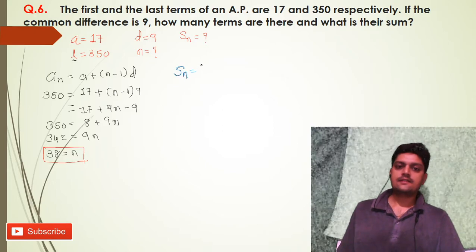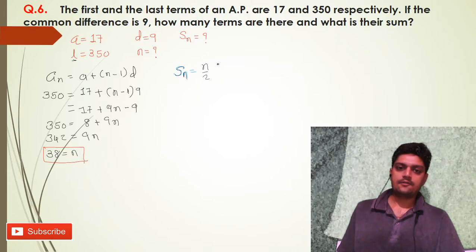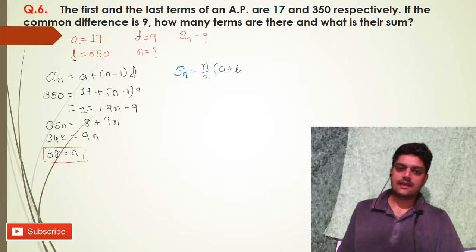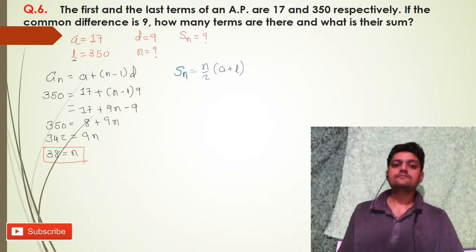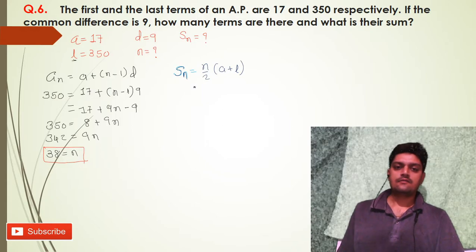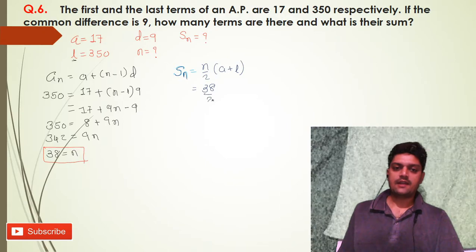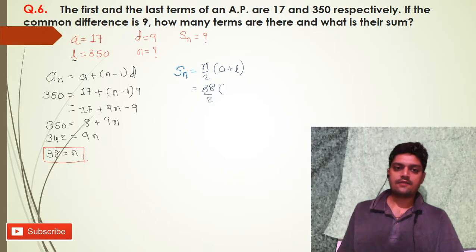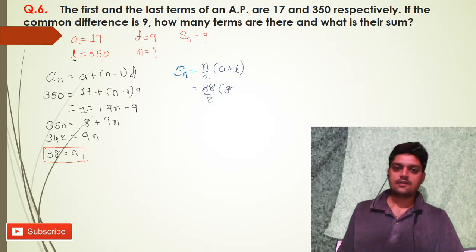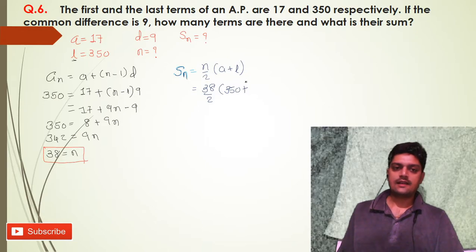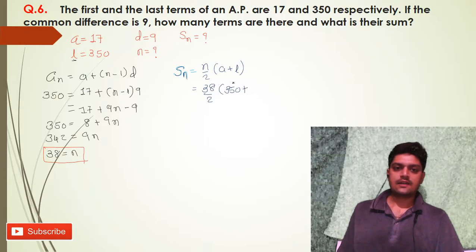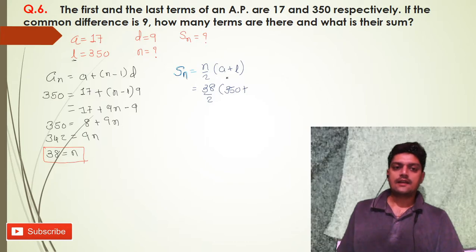Sn is equal to n by 2 into (a plus l), we can use. Now the value of n is 38, so 38 by 2. And the value of a is 17 and l is 350.